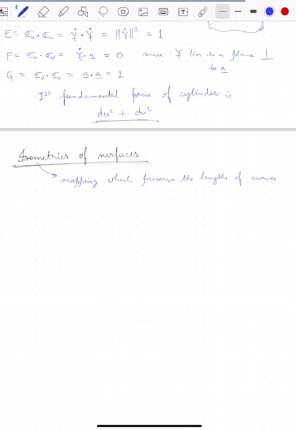So clearly, rolling a plane surface into a cylinder preserves the lengths of curves, which means that the mapping which takes us from a plane to a cylinder happens to be an isometry, right?